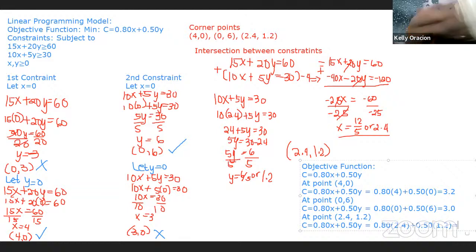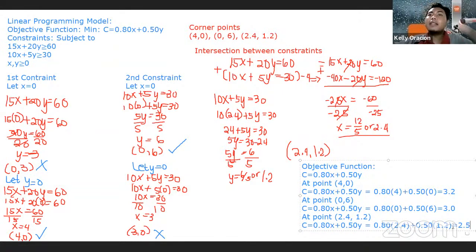The answer is 2.52. Again, the answer is 2.52.